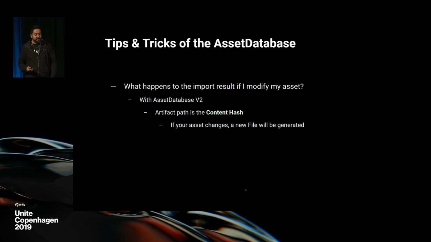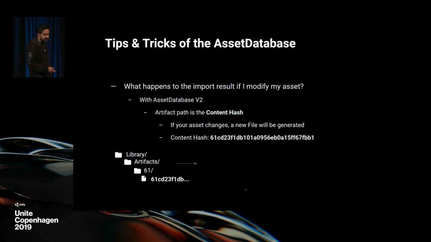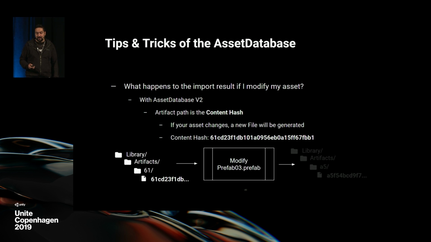If your asset changes, you're going to get a new file on disk. So the hash of prefab3.prefab is this. We modify prefab3, and naturally we end up with a file in a different location. The cost of having these new files comes with the benefit of having the fast platform switch.